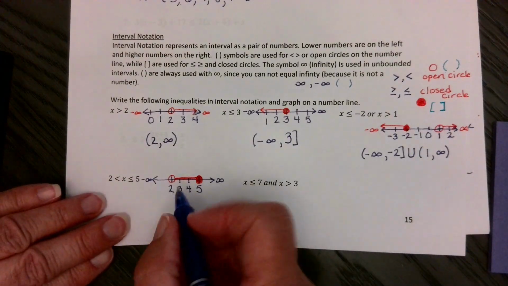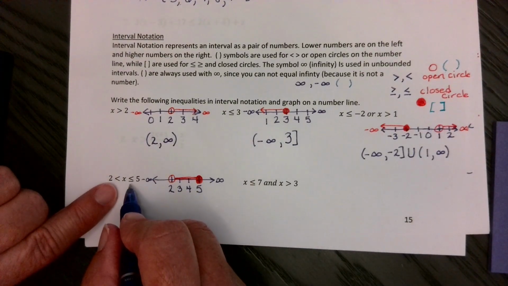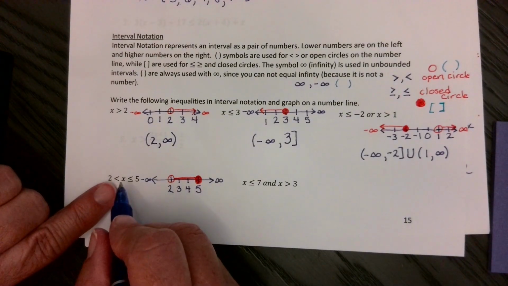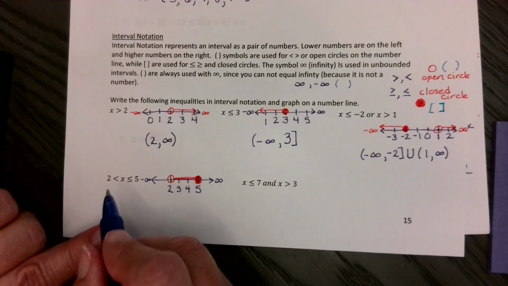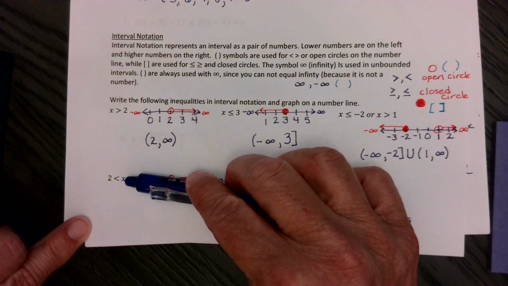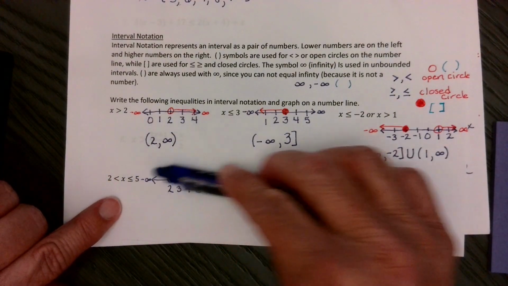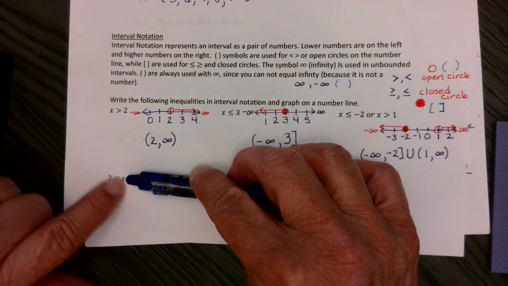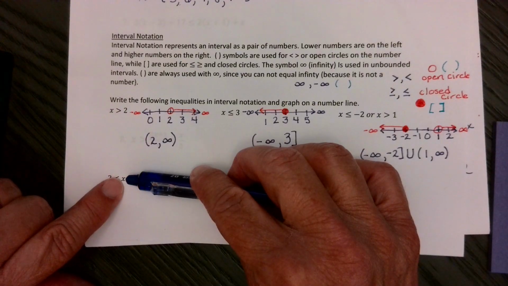So right here, and notice when you do something like this, see how your symbols go the same direction? They're never opposite. They're always going to be the same direction, or you've done something wrong. Because if I cover up this side, like all these numbers here, let's say 3, okay? 2 is less than 3. That should be correct.